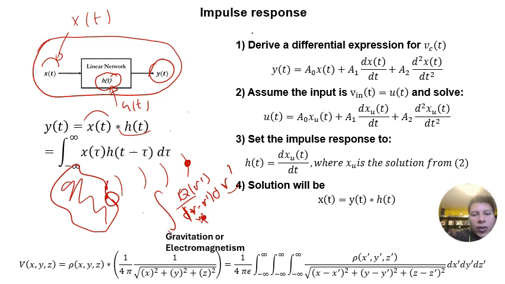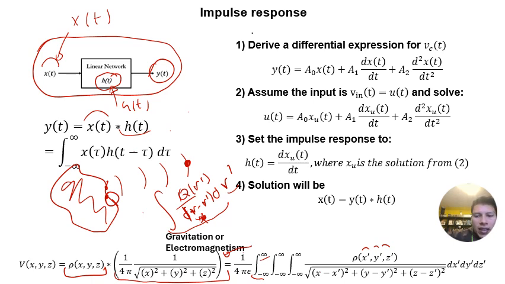This is actually a three-dimensional convolution if you look at it, because you're really convolving 1 over the distance with the charge. If I were to write this 3D convolution, it would be the integral from negative infinity to infinity, where x, y, and z become x prime, y prime, z prime, and then dx becomes x minus x prime, y minus y prime, z minus z prime.